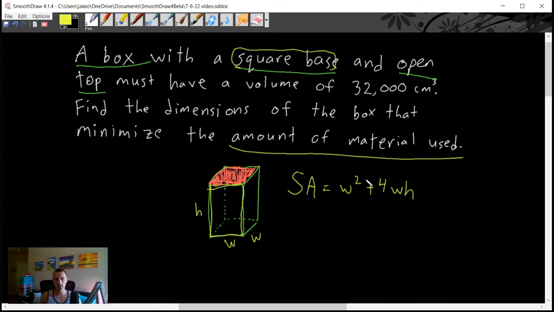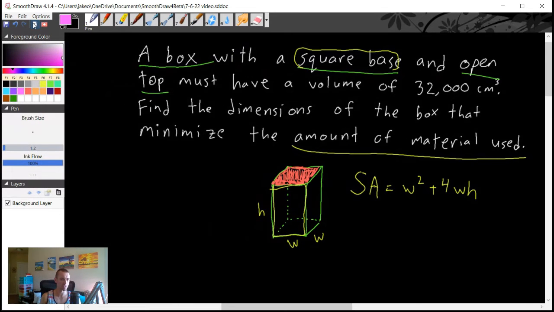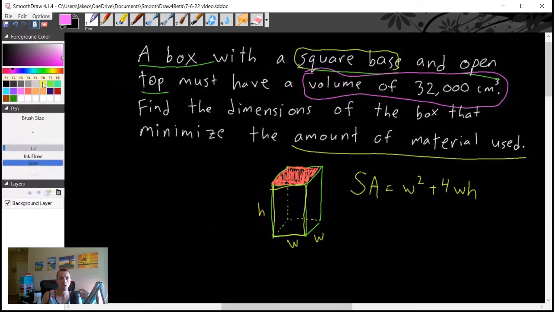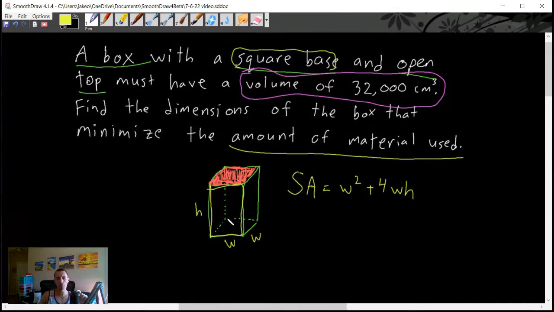Okay. So then the next step was to come up with our restriction equation. What does this problem tell us about how these different quantities have to be related to each other? Well, this is pretty much the only restricting information we have. We know that the volume of the box has to be 32,000 cubic centimeters. What is the equation for the volume of a rectangular prism?